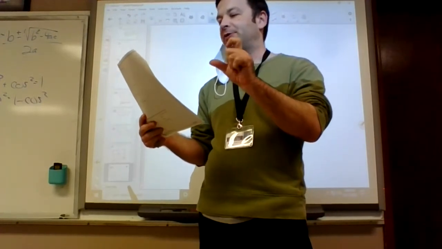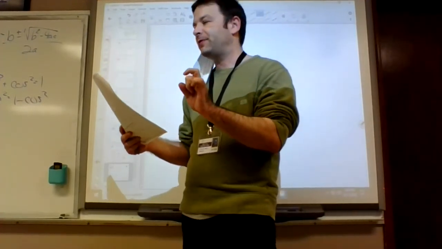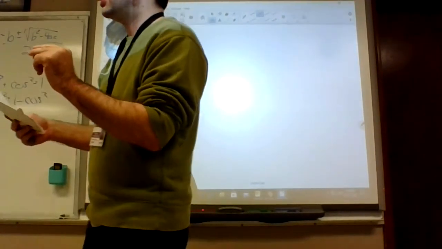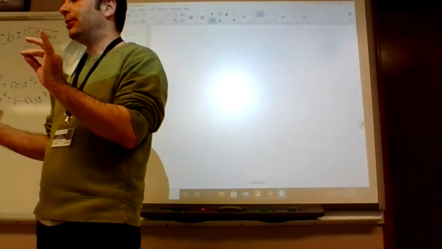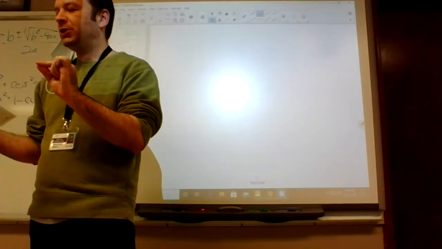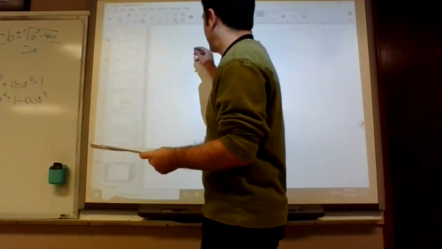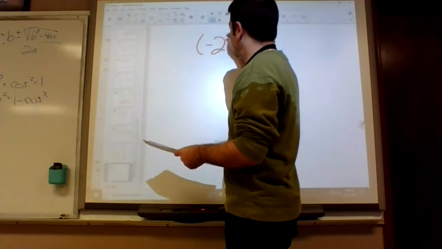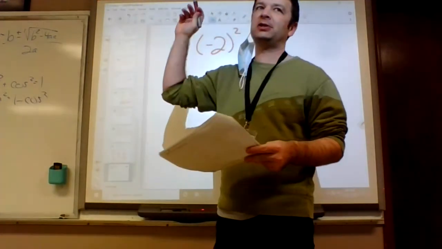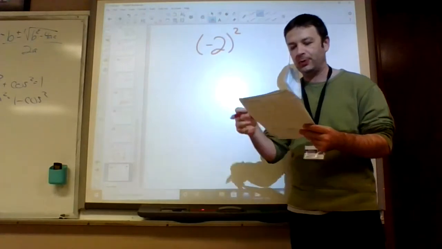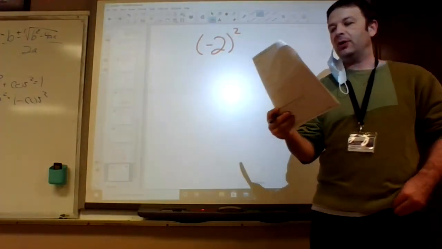So you should have 5 answers for 2, 5 answers for 4. On number 4, when you do -2 squared, you need to put parentheses around the negative, because that should come out positive 4. If you don't put parentheses, it will be wrong.